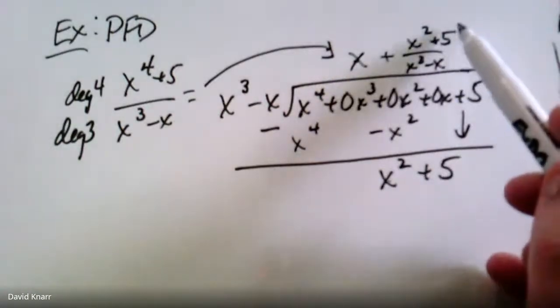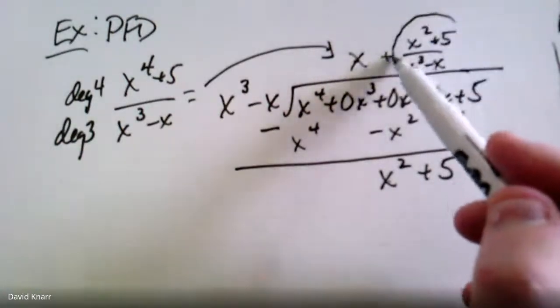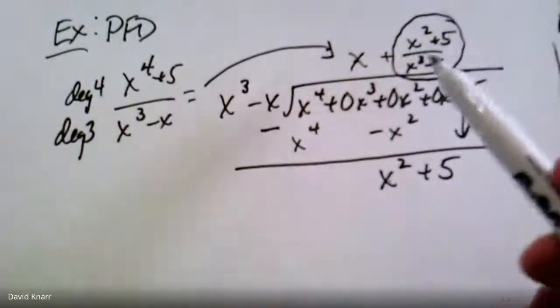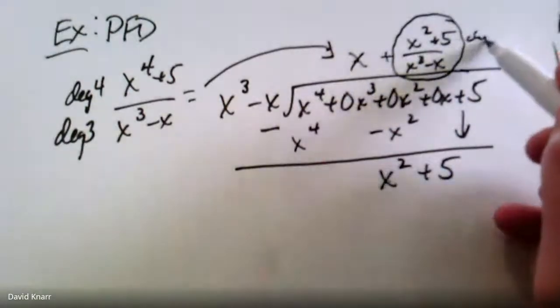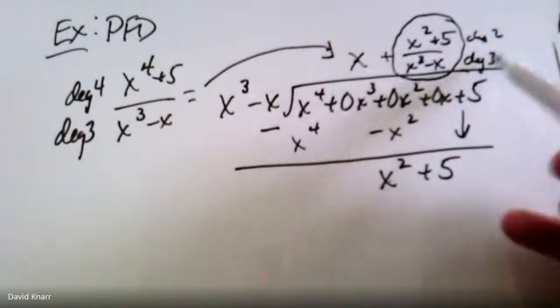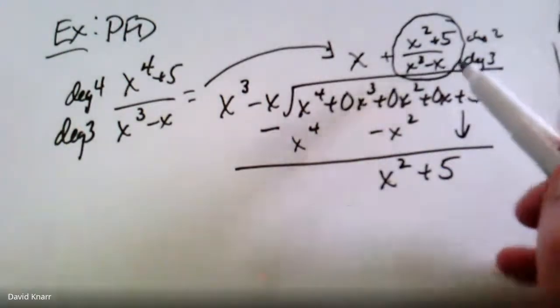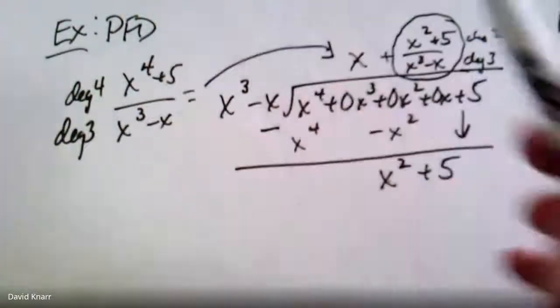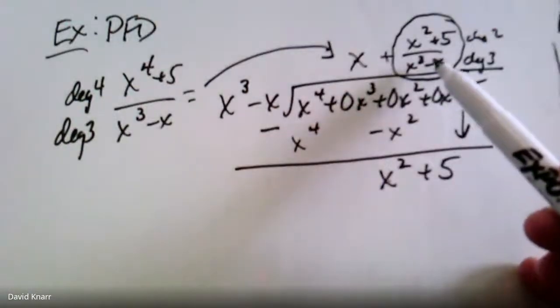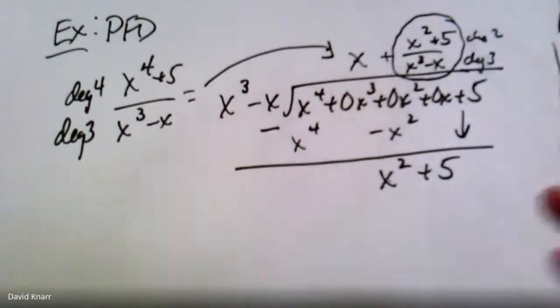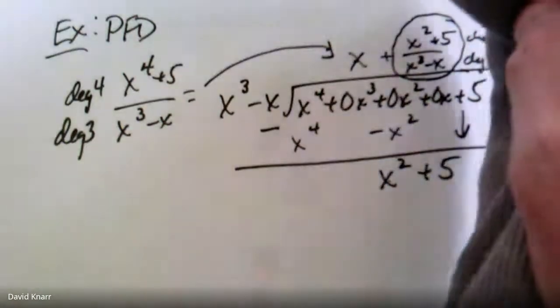However, this x squared plus 5 over x cubed minus x is now proper. It's degree 2 on the top and degree 3 in the denominator. So you can do the partial fraction decomposition for this fraction, which happens to be the remainder of what you got when you long divided. So we are going to partial fraction decomp x squared plus 5 over x cubed minus x.